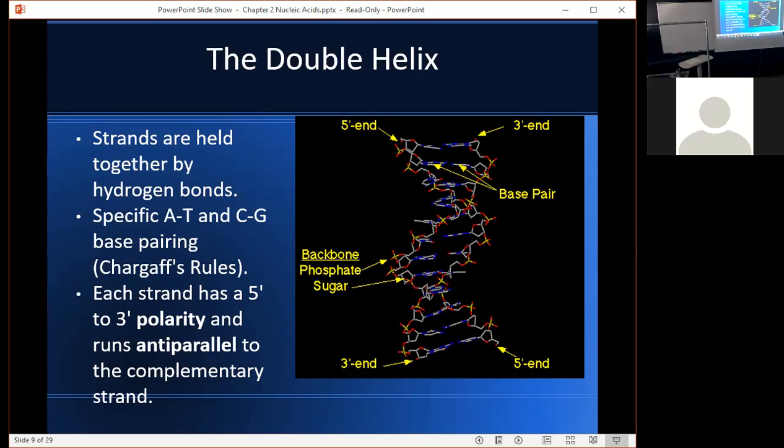So the bases are in the center of the helix, held together by hydrogen bonds. A's always base pair with T's, G's always base pair with C's. Again, this explains Chargaff's results. These are Chargaff's rules. Each strand has a 5' to 3' polarity and runs anti-parallel to the complementary strand.